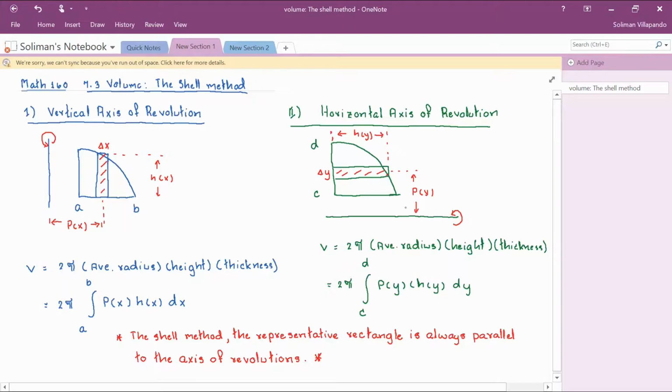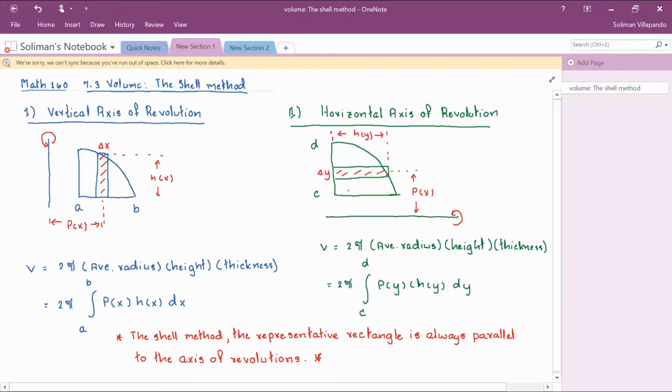For the horizontal axis of revolution, it is a similar idea. The graph will rotate around the x-axis, and the strip will be horizontal, parallel to the x-axis. The formula is the same. Volume is equal to 2 pi times average radius times height times thickness. 2 pi, the integral from C to D. Average radius is the distance from the strip to the x-axis, so P of y.